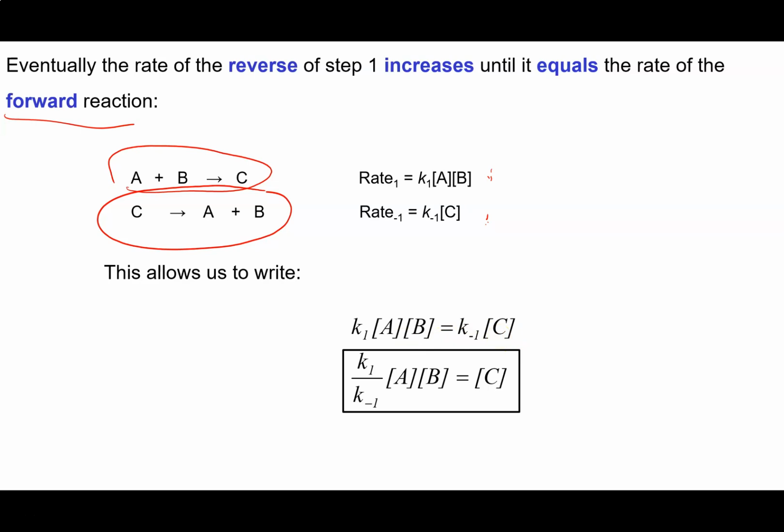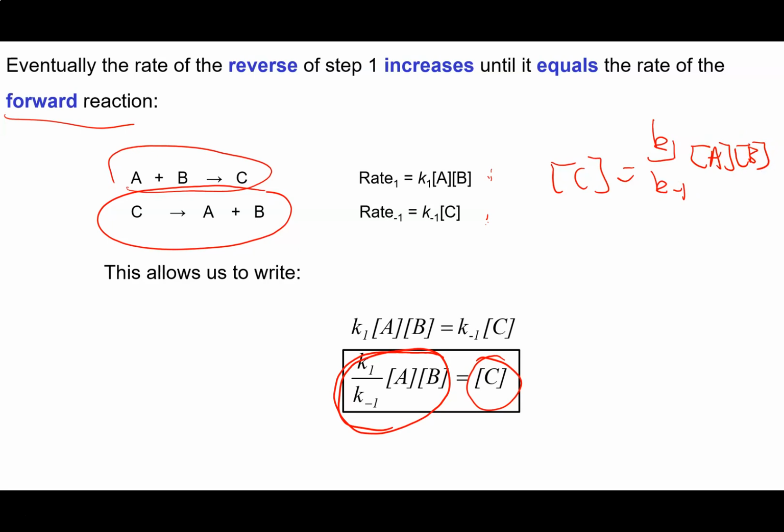And now I can reorganize this and get an expression for the concentration of C in terms of the concentration of A and B. I now know that the concentration of C is equal to k1 on k minus 1 multiplied by the concentration of A times the concentration of B.